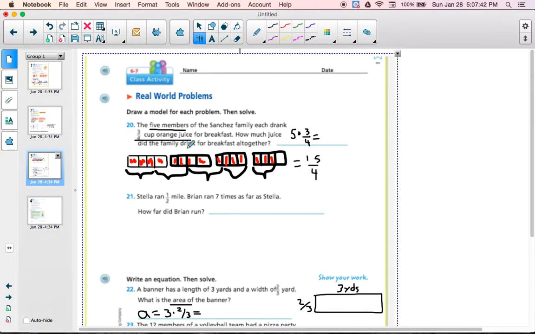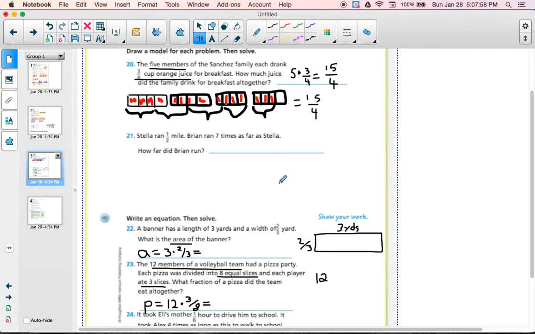All right, so there's my model. And to solve it, 5 times 3 is 15/4. All right, see if you can do that for the next problem. Remember, this time you're using a fraction bar that has 2 parts, and you need to make 7 of those. 7 1/2.